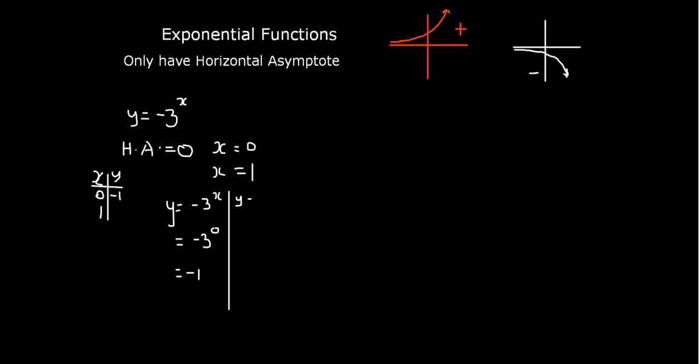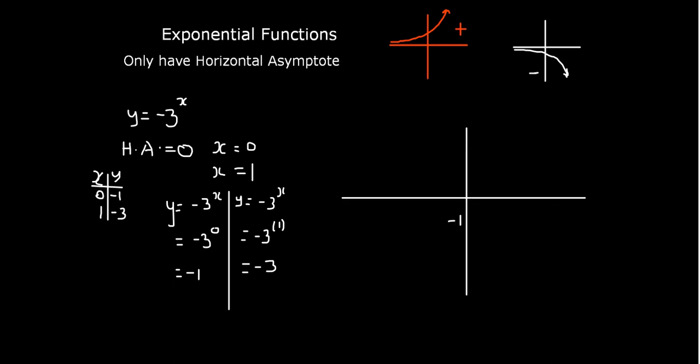Again, substituting 1 for x, y equals negative 3 to the power 1. The answer is negative 3, because anything to the power 1 is just that thing. So here we've got y equals negative 1, negative 2, and negative 3, and x equals 1 here.